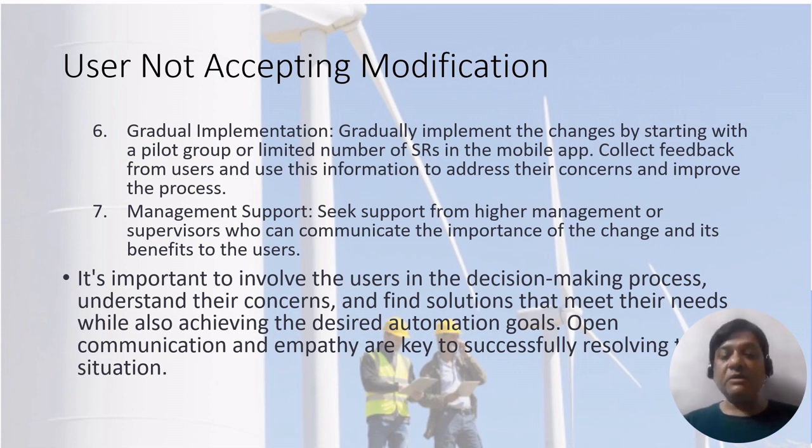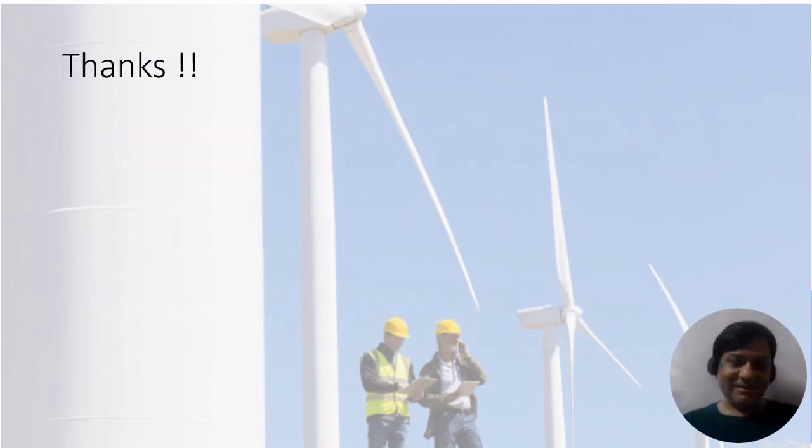So it's important to involve the users in the decision making process and find solutions that will meet their needs while also achieving the desired automation goals. Open communication and empathy are key to successfully resolving this kind of situation.